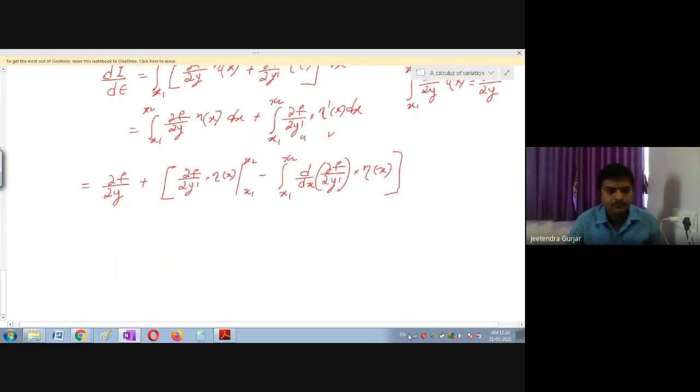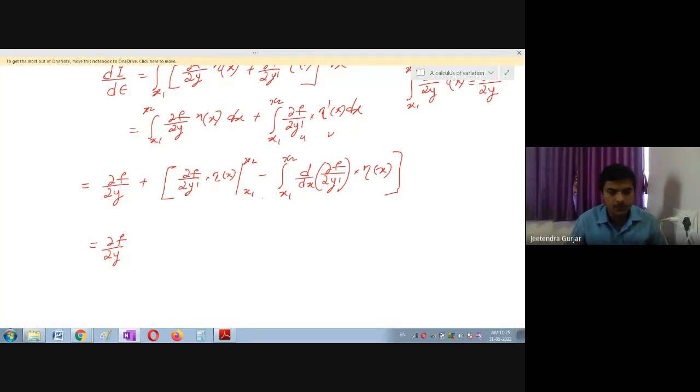Okay, here this is equal to ∂f/∂y is remaining. Yes, so I will simplify this inside this bracket. ∂f/∂y is remaining, and d/dx ∂f/∂y dash ν of x, right?